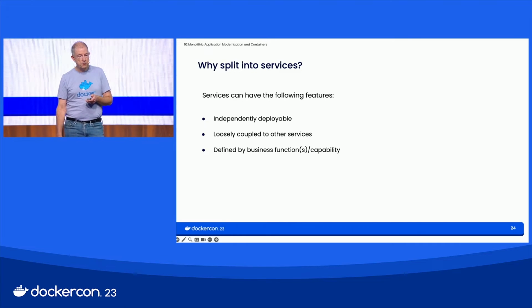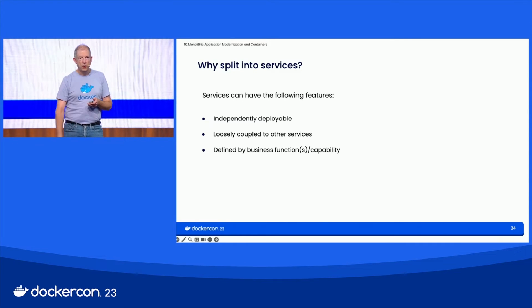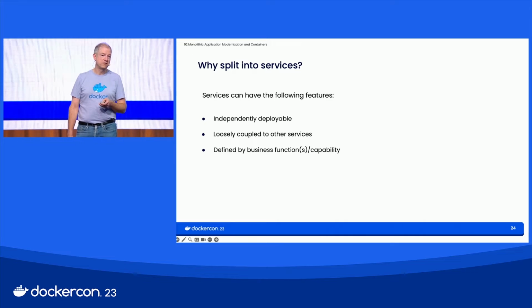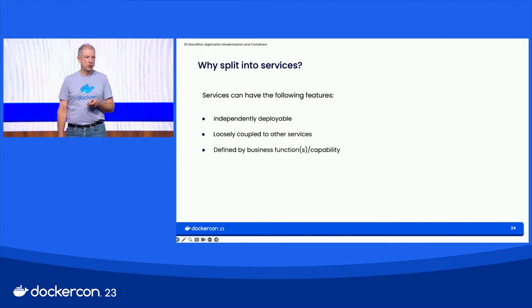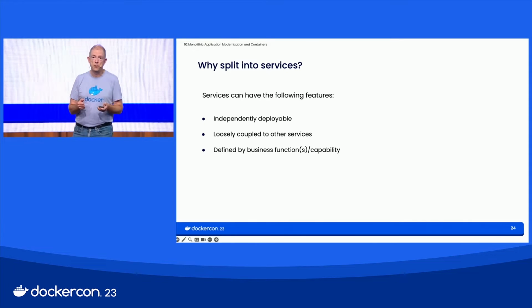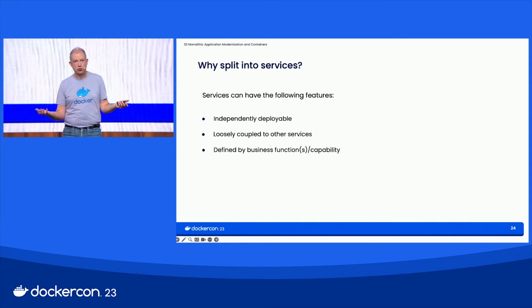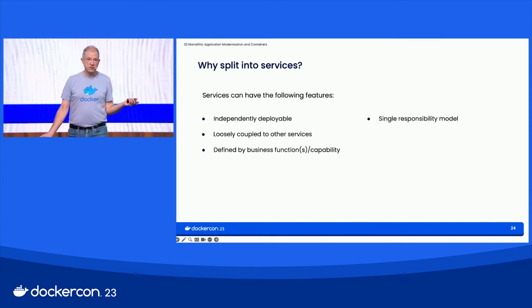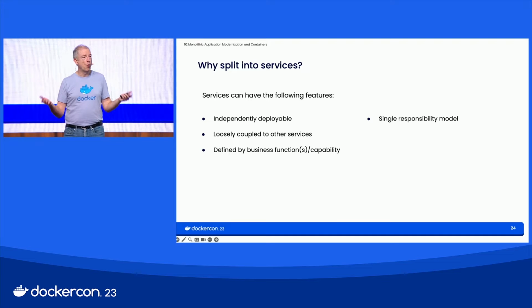They are defined by a business function or capability. Let's come back to Conway's law at this point. When you're defining services, you really need to understand what business function these things are taking care of or what capability, and not what organizational responsibility they are. Single responsibility mode. They are responsible for one single thing.